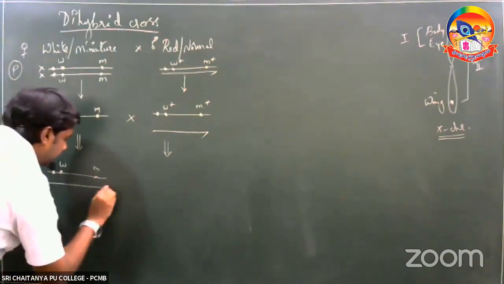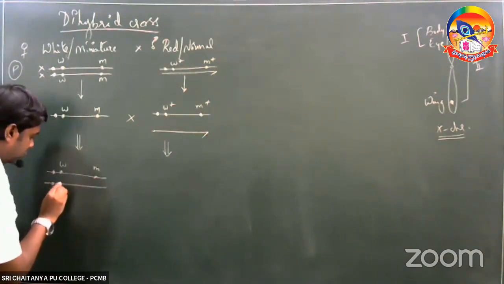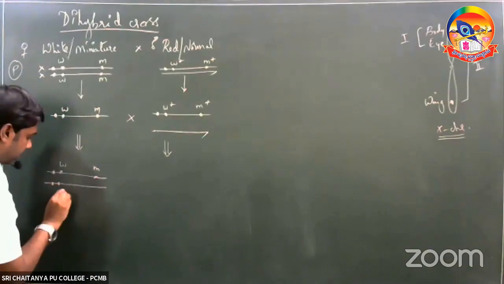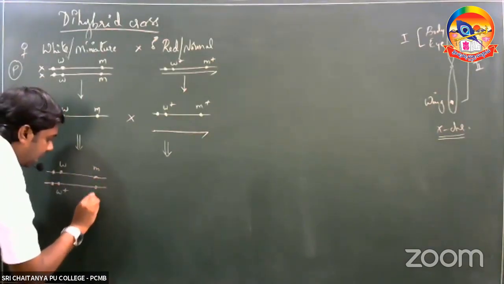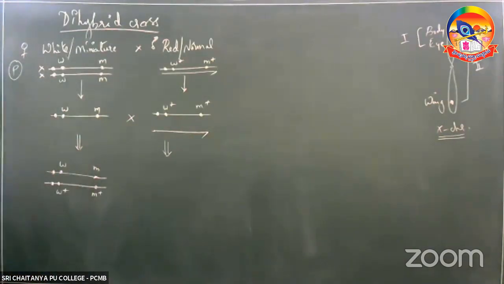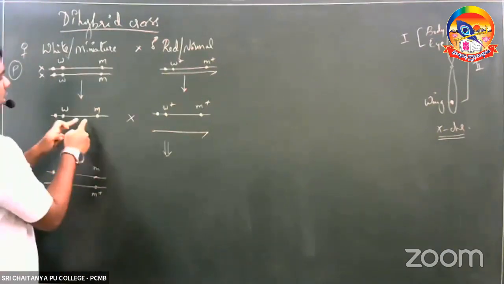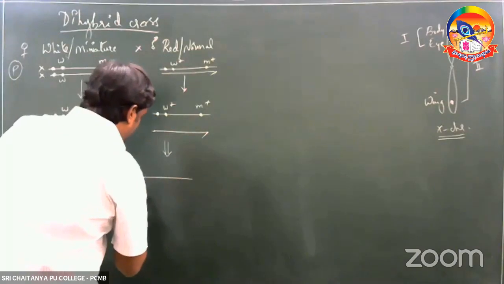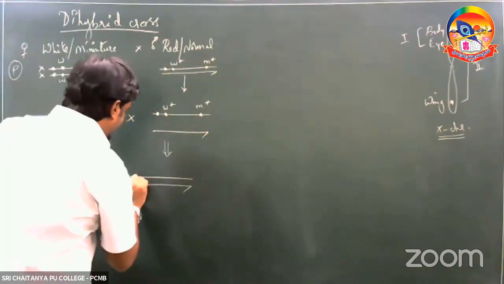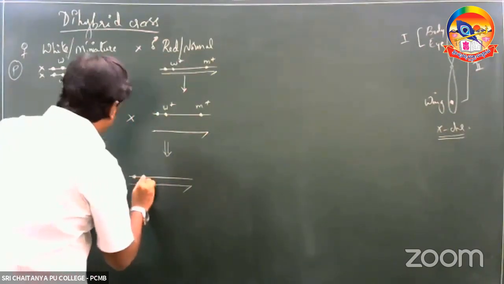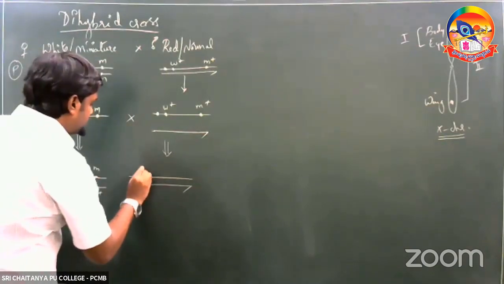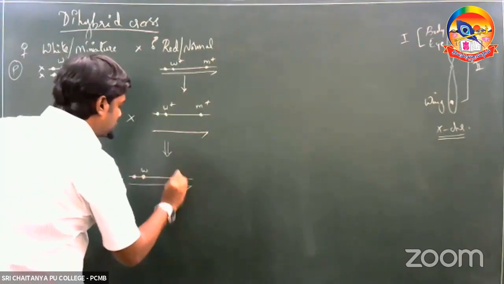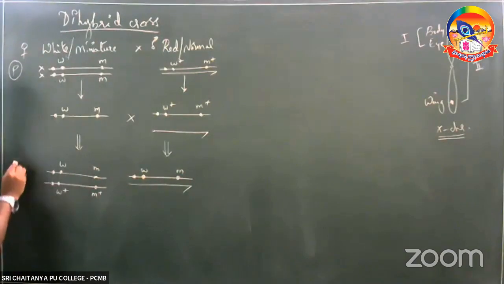So here the genotype would be w+ and m+. Same thing again, this X chromosome of the female gamete would fuse with the Y chromosome of the male gamete. So here the genes would be w here and m here. So this would be the F1 generation.